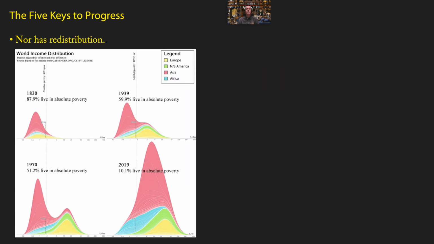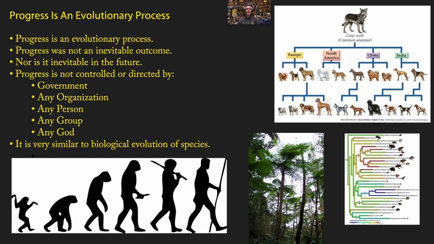Nor has redistribution changed things very much. The fact is, long-term, widely shared economic growth helps people far more than any redistribution within societies. I believe we need to look at progress as though it's an evolutionary process. It was not inevitable in outcome, and it is not inevitable in the future.